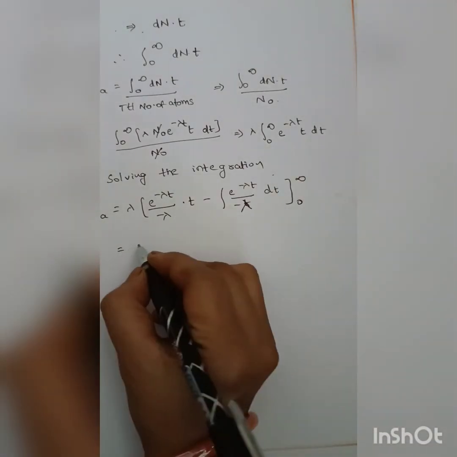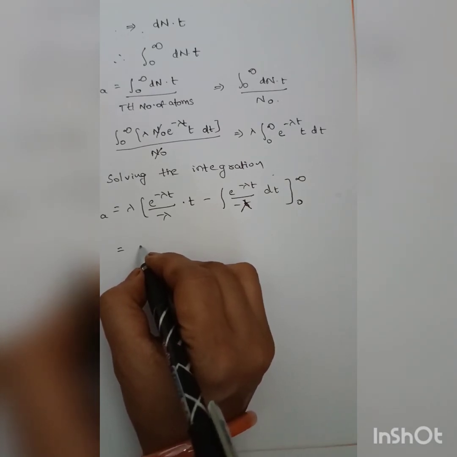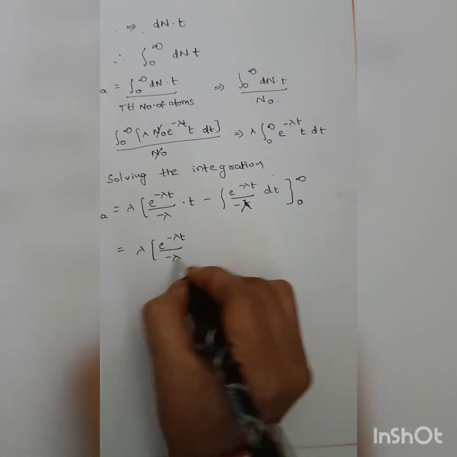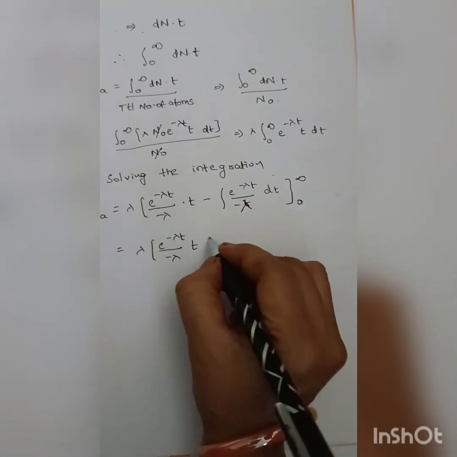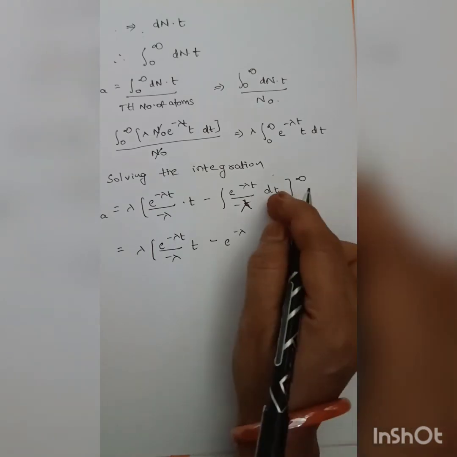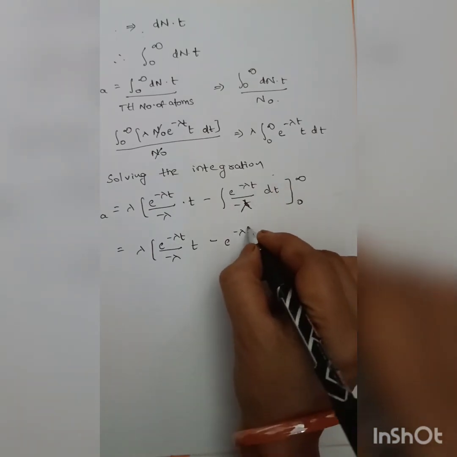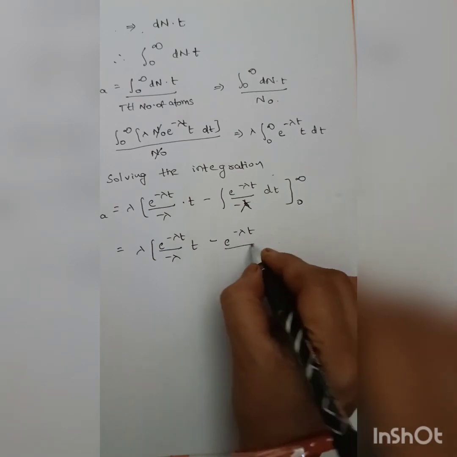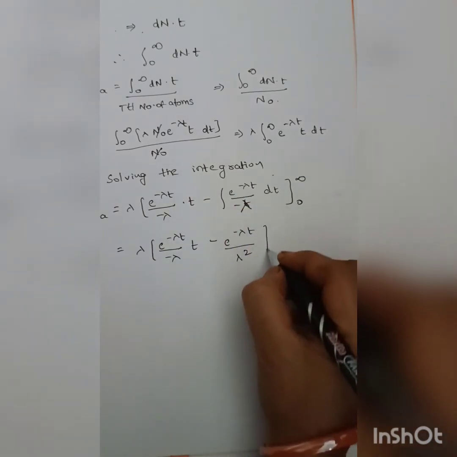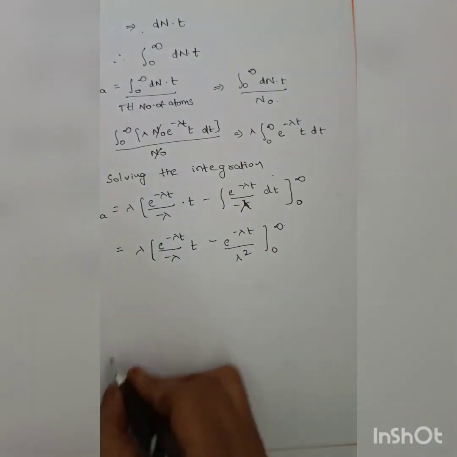So what we get in the next step is lambda, e power minus lambda t by minus lambda into t, minus e power minus lambda t by lambda square, we are doing for this, 0 to infinity.